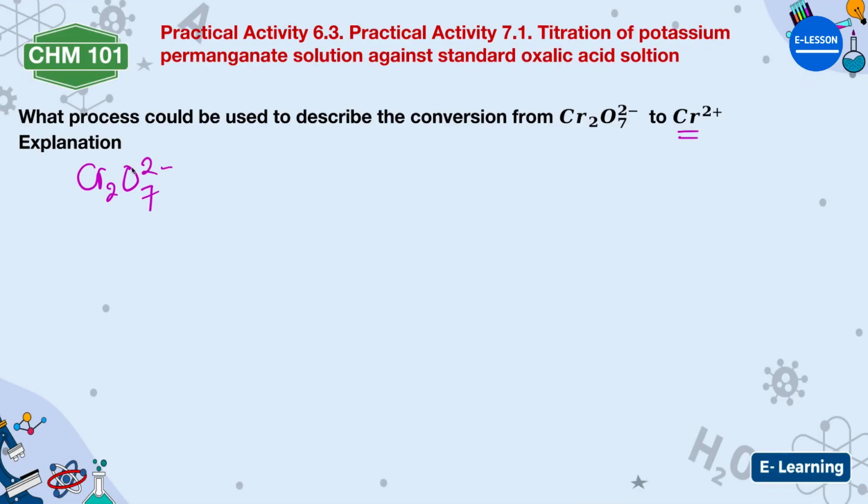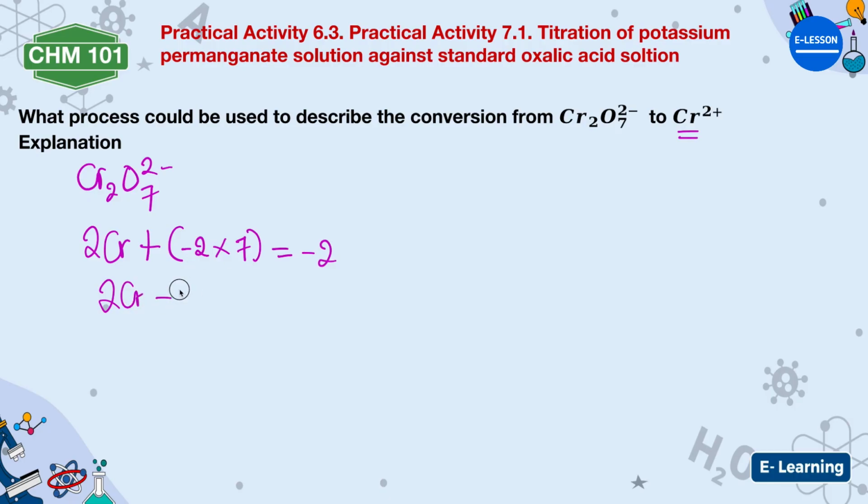This dichromate ion here is an ion, of course. So the oxidation state will be equal to the charge on this ion, which is 2 minus. Now, how many chromium do we have here? We have 2. So we have 2Cr. What is the oxidation state of oxygen? Oxygen has an oxidation state of 2 minus. So we put minus 2 times 7. Everything will be equal to minus 2, which is the oxidation state here. So here will give us 2Cr.